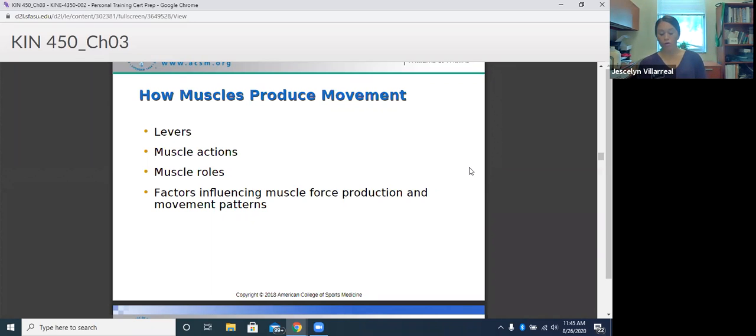So your origin and insertion: the attachments that are more stationary are usually where the origin of that muscle is located. And the insertion is the attachment located on the bone that moves more and is usually more distal.